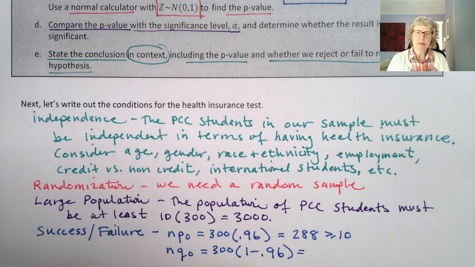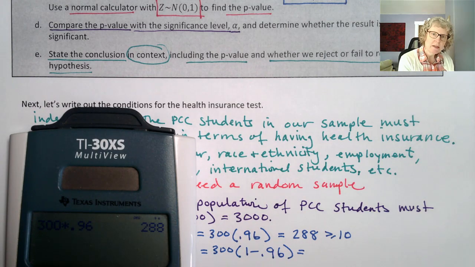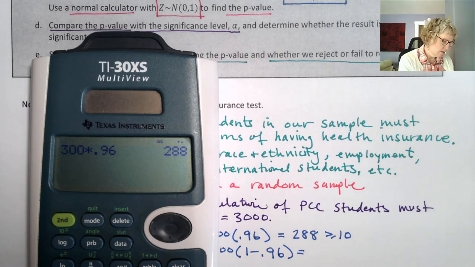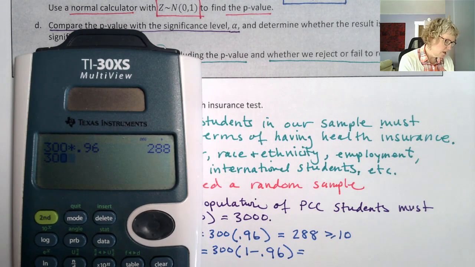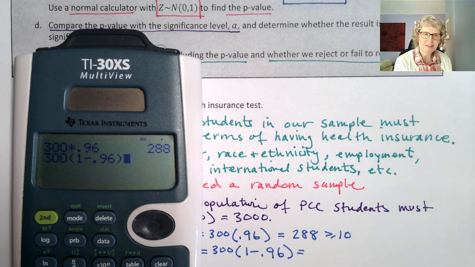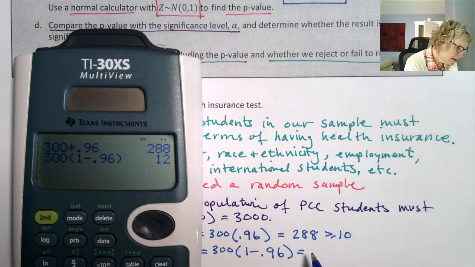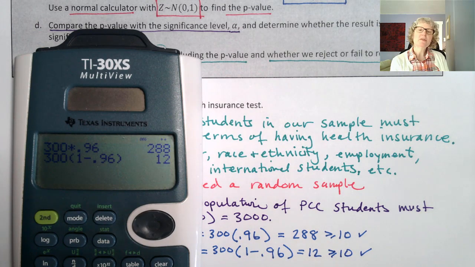If that's 96%, this will be 4%. You could do that in your head, or you can just write out 1 minus 0.96, however you decide. Sometimes they'll have 3 or 4 digits and the subtraction is not as easy to do in one's head. This is 12, which is just barely, but it is greater than or equal to 10.